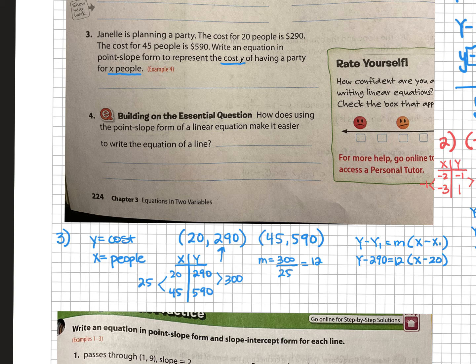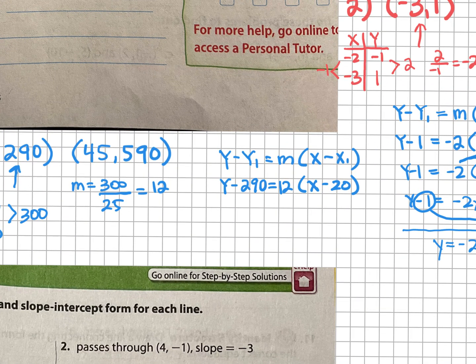Okay, now I'm going to do my distributing. 12 times x is 12x. 12 times negative 20 is negative 240. So we have y minus 290 equals 12x minus 240.